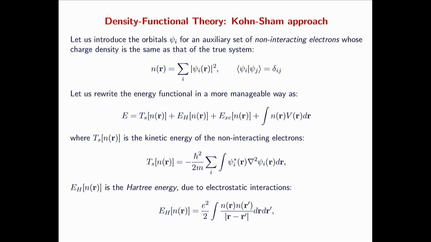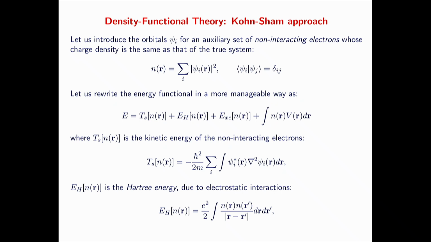In particular, we extract the kinetic energy of the non-interacting electrons, which is not the true kinetic energy of the system of electrons. It's close, but it's not exactly the same. Then we extract the average electrostatic interaction. So the Hartree term is nothing but the electrostatic interaction between clouds of charges with charge density n of r.